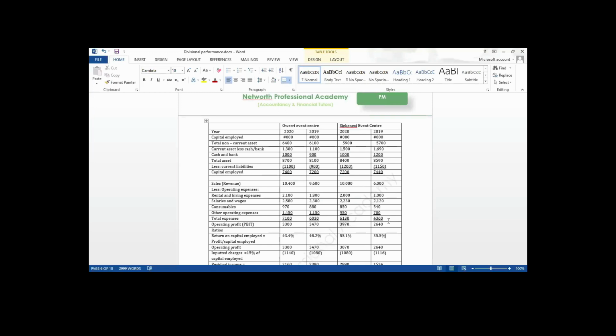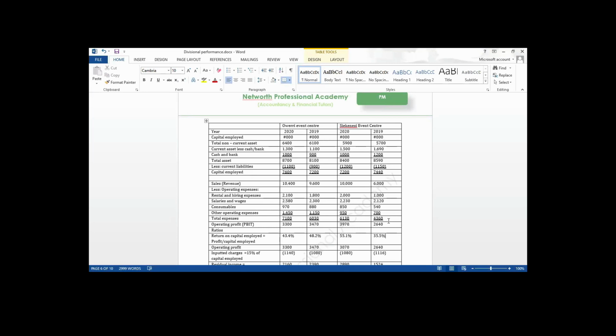Your residual income is operating profits minus imputed interest charges. Note, imputed interest charges is equal to cost of capital multiplied by capital employed.